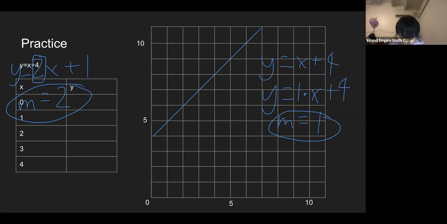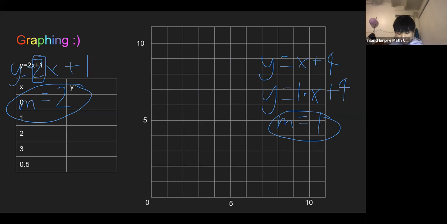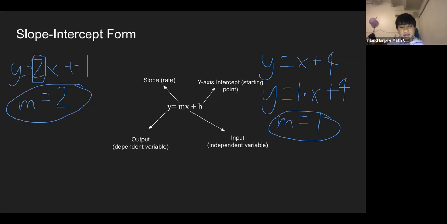But if we go back to the other one, y equals 2x plus 1, it looks something like this. It was a lot steeper. And you can see that as the slope increases, the line also gets steeper. So this is basically what slope is.